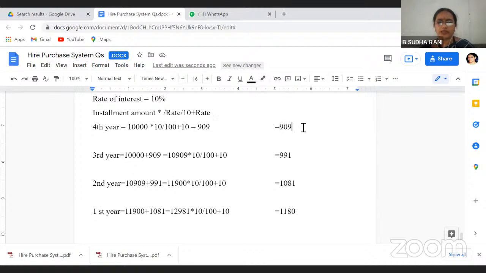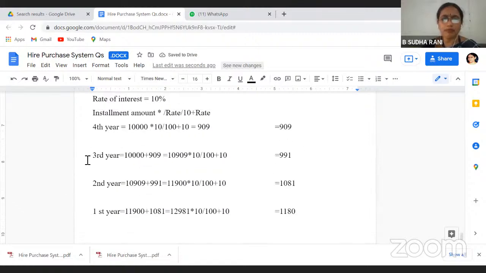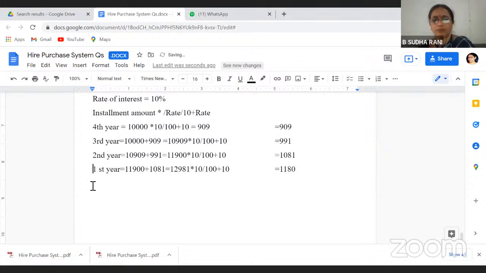Hire purchase price equals down payment plus all installments.